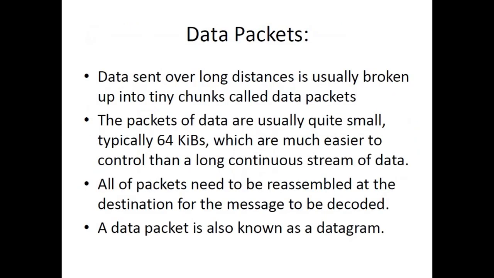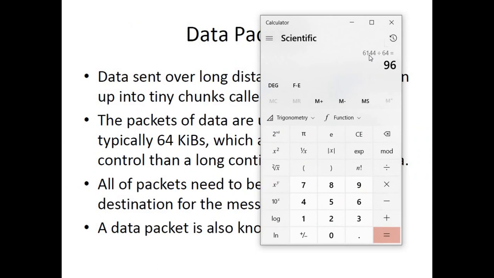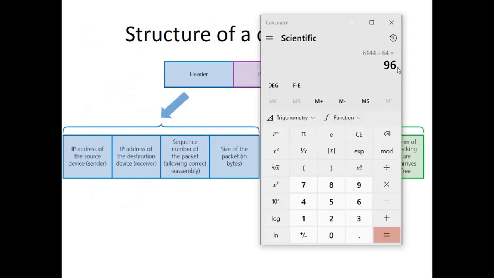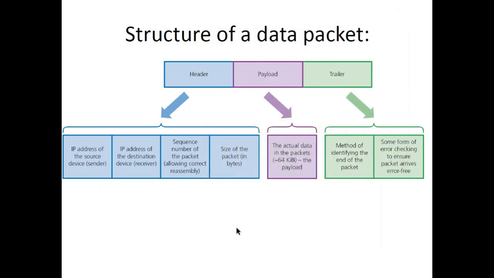Like we discussed, if there is a file of 6 MB, it would be broken down into 96 packets. So all of these packets need to be numbered: packet 1, packet 2, packet 3, and so on up till packet 96, so that the receiver can put together all the pieces just like a jigsaw puzzle in the proper sequence, and then merge them together in order to make the correct file.